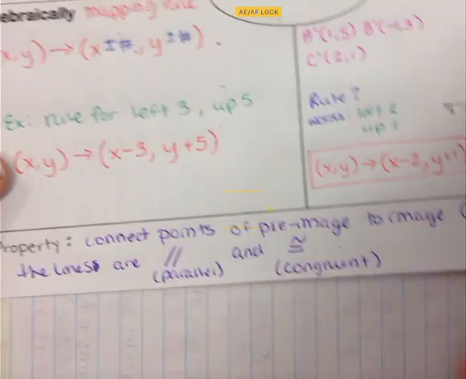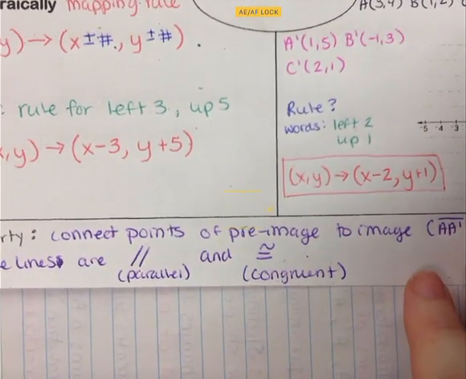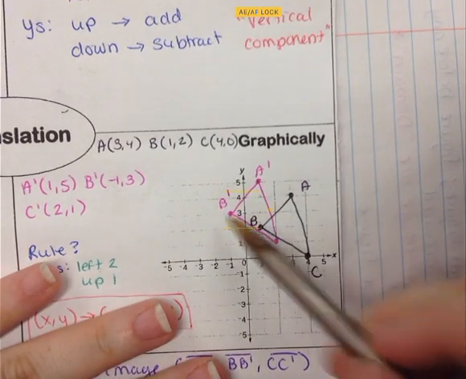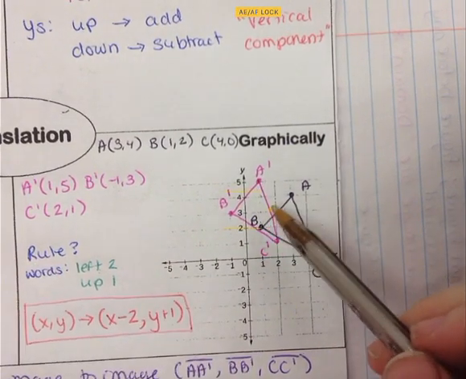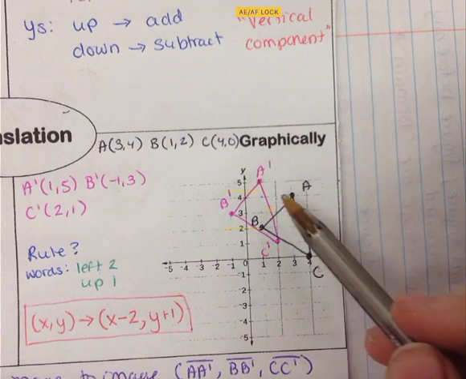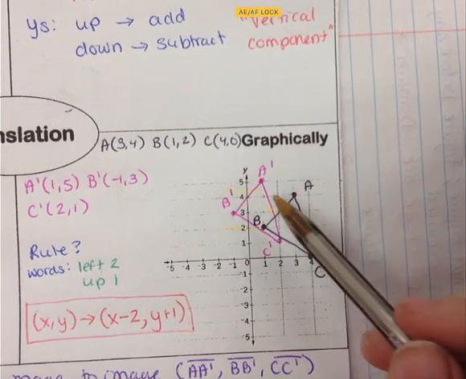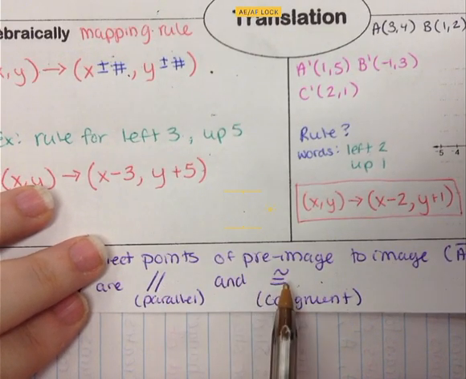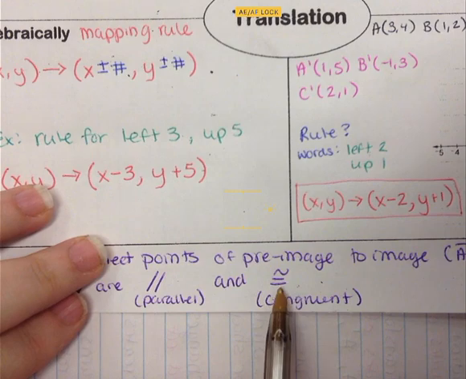So just to check this, we can actually prove that this is a translation, that this happened. If we go from A to A prime, B to B prime, and C to C prime, all of these have to be the same distance away from each other, and they have to be parallel to each other. So that means our slopes are the same. So we would use slope to determine parallel, and we'd use distance formula to prove congruent.